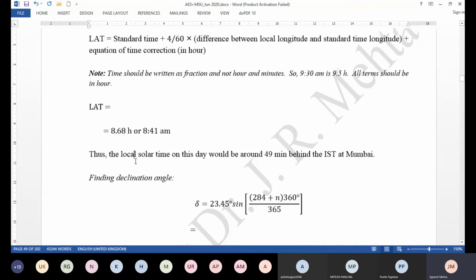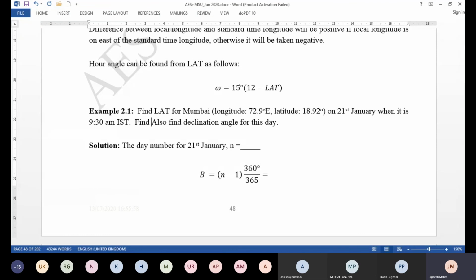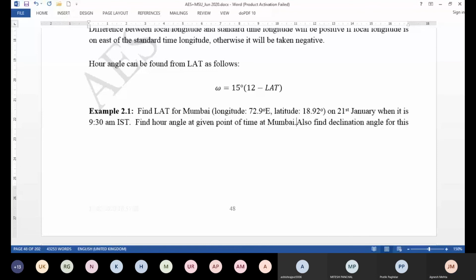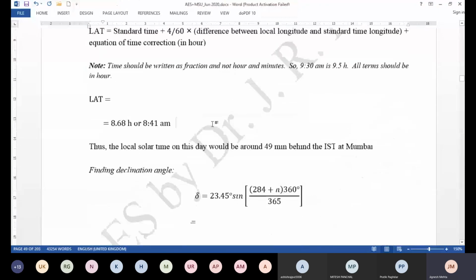Find declination angle for the day, but also find hour angle at the given point of time at Mumbai. That hour angle is nothing but 12 minus LAT into 15 degrees, and that will show the position of the sun in the sky.